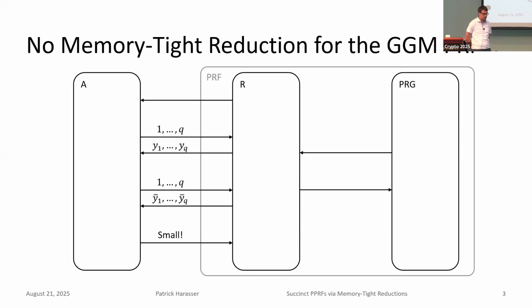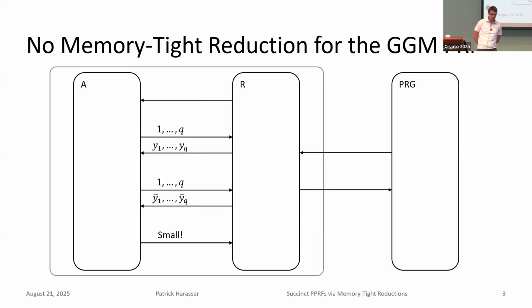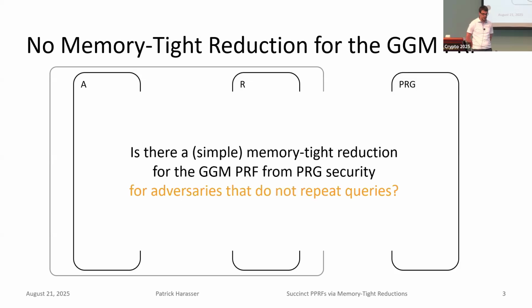But then we can efficiently simulate A by just letting it always say that the entropy is small. And if we now refactor, we have shown that the reduction together with this simulation technique efficiently breaks the PRG, contradicting the assumption. Okay, so there is no reduction of the type we're looking for general adversaries.